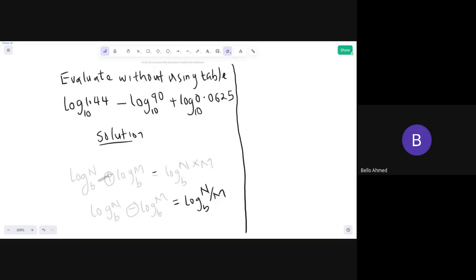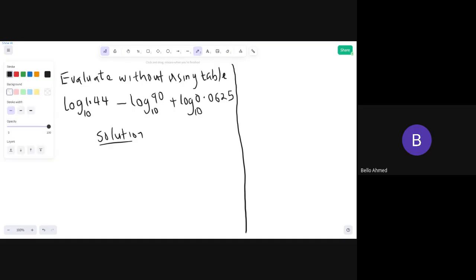Now, having understood that, I can write what we have above. I don't want to rewrite the question, so I just apply the law straight away. This can be written as the logarithm, and notice that all of them have the same single base. I'm going to put brackets.